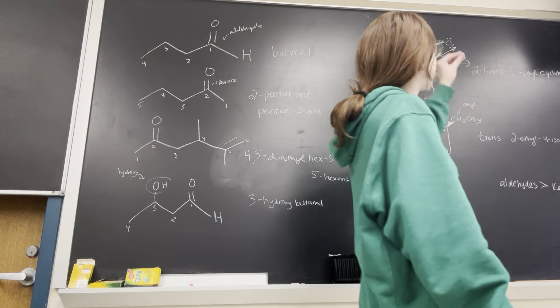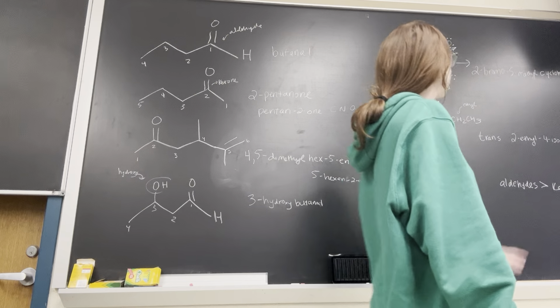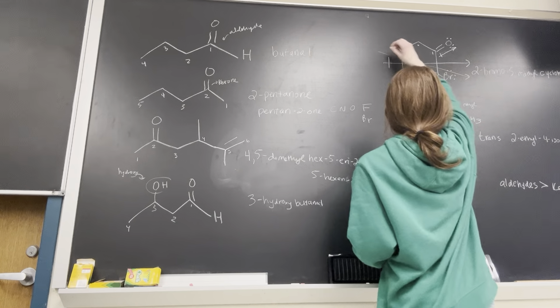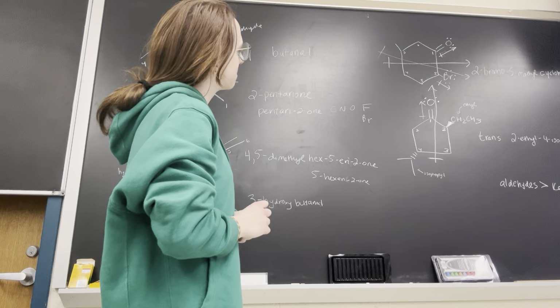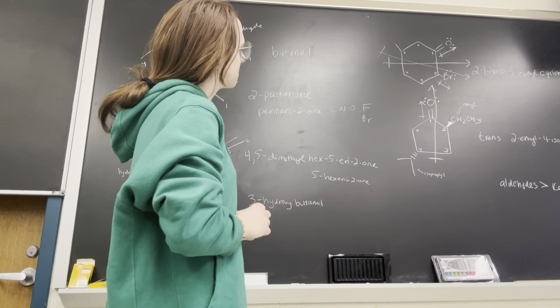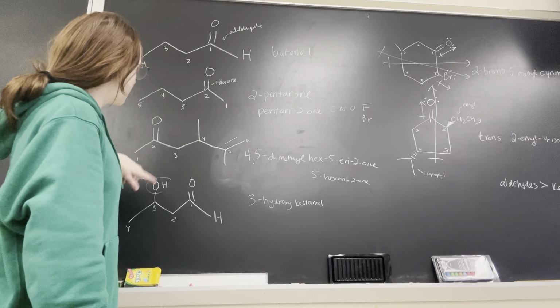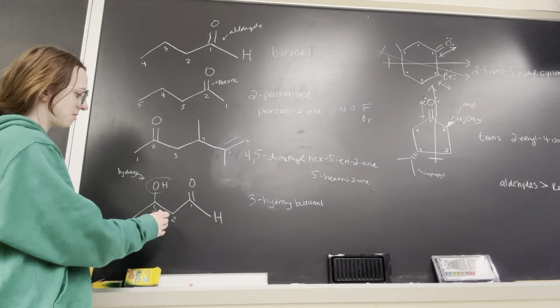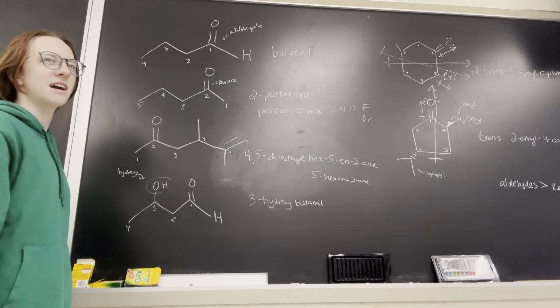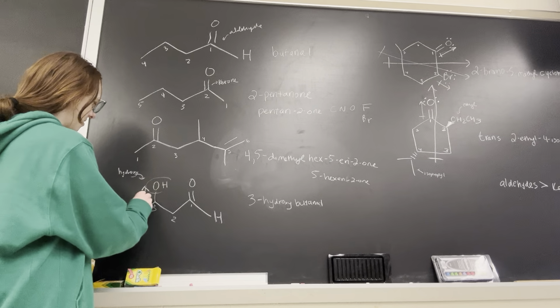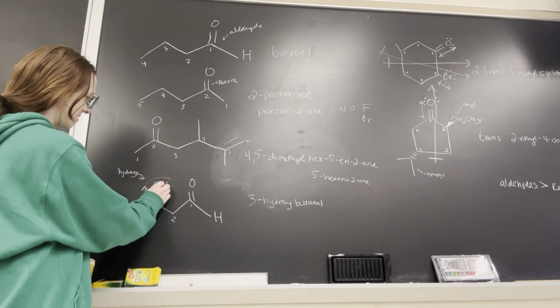But what gets me is this is more reactive. So technically, it would be like this. And then this one right here, this would be super weird. I don't know if she'd give me this one, but draw this.